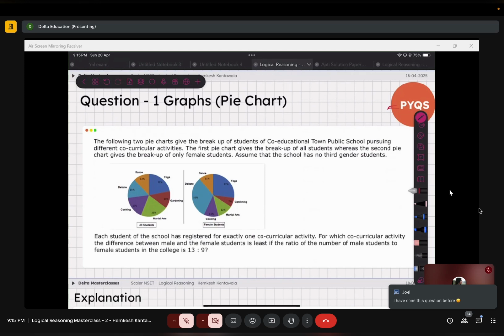I have done this question before. Great. I think most of you have solved the PYQs.